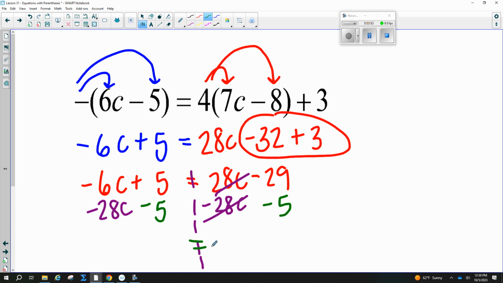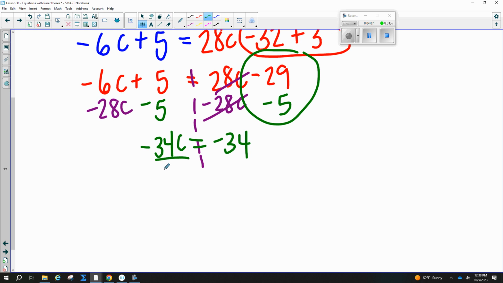All right, so I have a -6c and a -28c. That's -34c. It makes a bigger negative. Same with this. These are all on team negative, so that's -34. That's neat. All right, so I'm going to divide by -34 on both sides. And a negative divided by a negative is a +1.